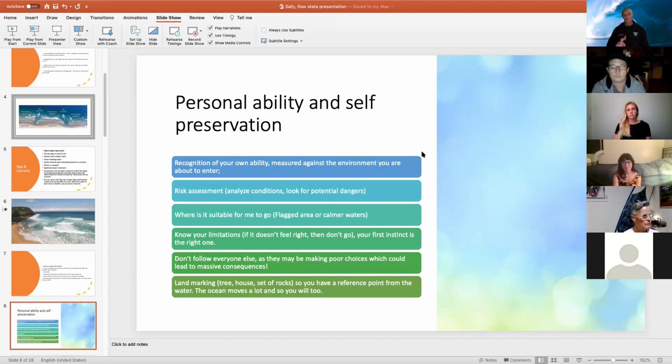It could be a house, a group of rocks, a particular shaped tree, anything you can use as a reference point as you're sitting out there, so that it keeps you in the area where you're comfortable, or where you know the waves are going to continuously break.